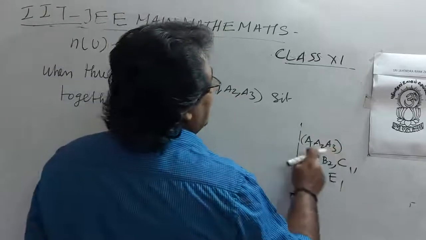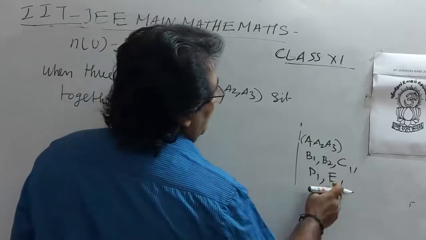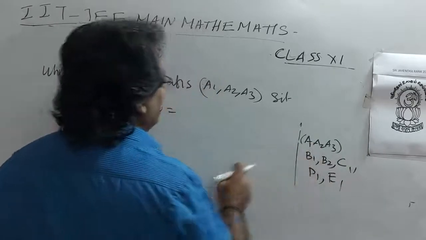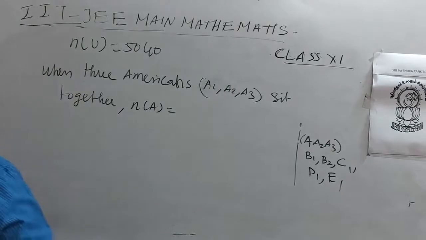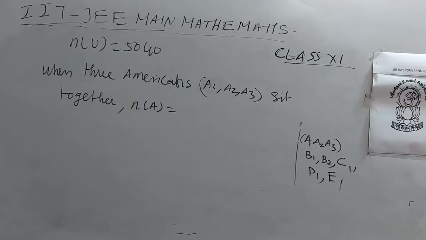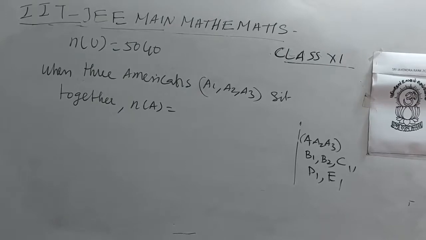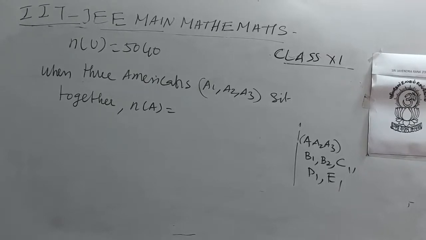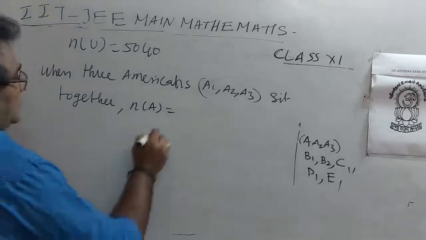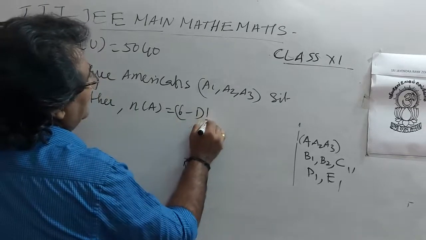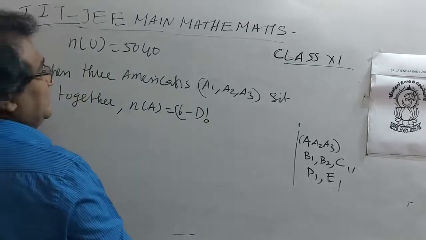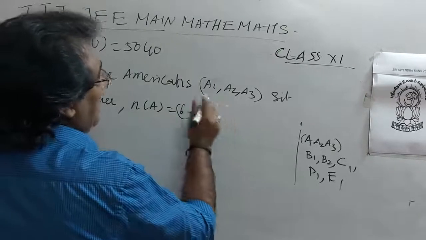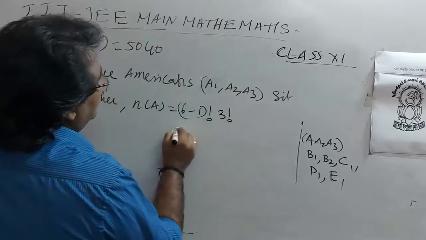You can consider the Americans as 1 unit, so we have 6 units. So 6 minus 1 factorial, into they can be arranged among themselves in 3 factorial ways.